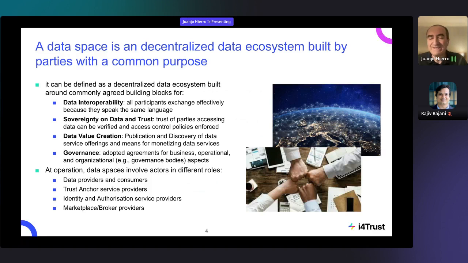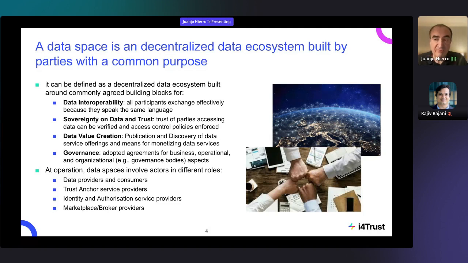But what is a data space, and what are we referring to when we talk about data spaces? Well, data spaces are a cornerstone element of the European Union strategy for data, and they can be defined as a decentralized data ecosystem for sharing data that is built around commonly agreed building blocks.